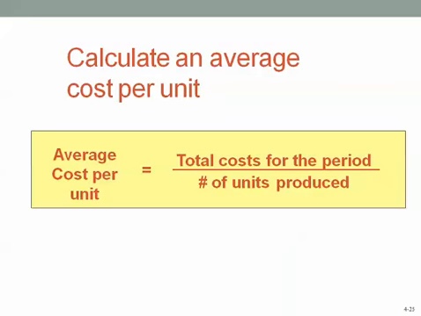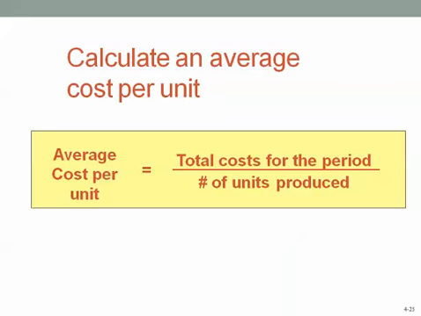The basic idea is that two half-completed units are equivalent to one fully completed unit. So, for example, if we had 10,000 units in ending work in process, and we estimated that they were 70% complete, this would be equivalent to having 7,000 fully completed or equivalent units.